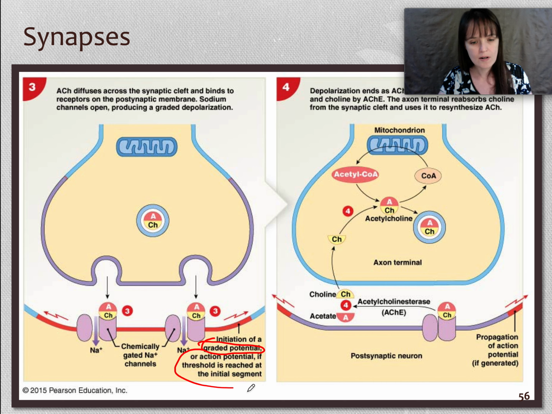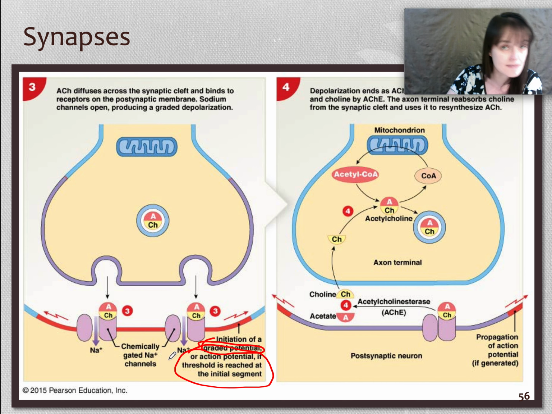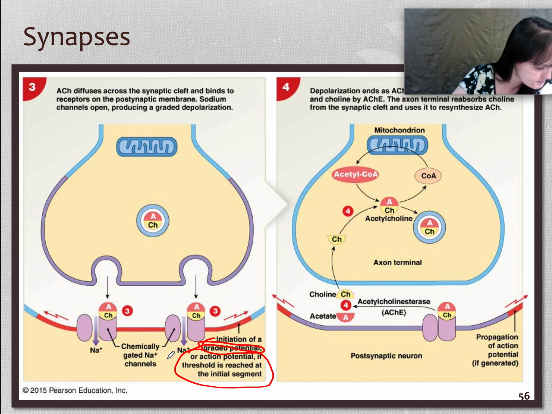If it causes threshold in the initial segment of an axon, then it can cause an action potential. Either way, it always causes a graded potential, but might also cause an action potential if the graded potential is big enough and in the right spot. So we'll talk about that.